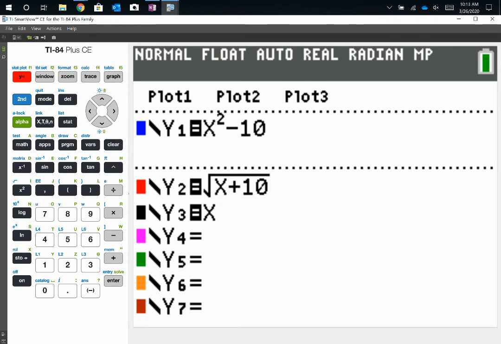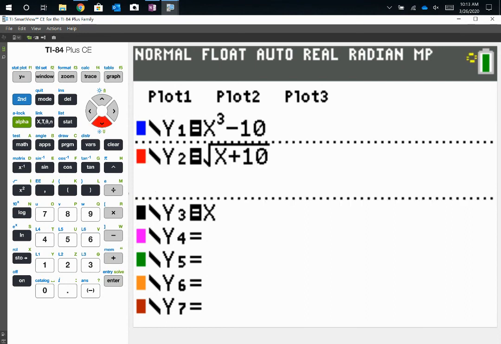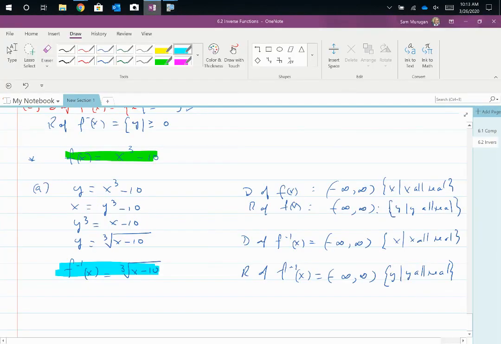So first function is the cube root. Sorry, the cube function down 10 places. And our second function is the cube root function. Shifted, I'm sorry, did I have this reverse? Let's see.